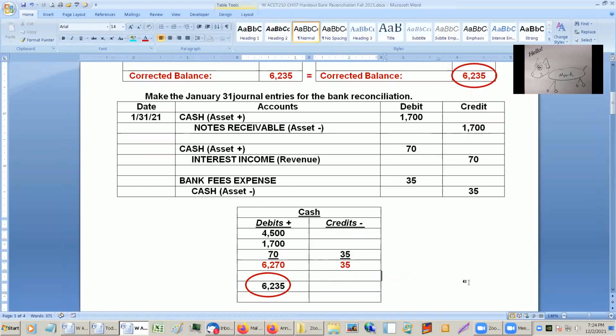Yeah, so we want to be 6235, and so after we make these journal entries, that's what it'll come out to. And then we can start in February with 6235, and we'll make our decisions accordingly, knowing that we have 6235 in our bank account, in our cash.